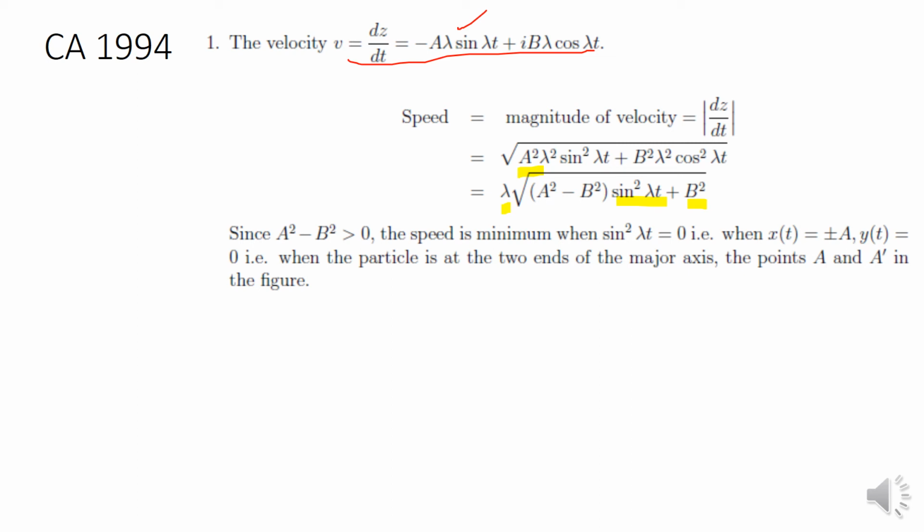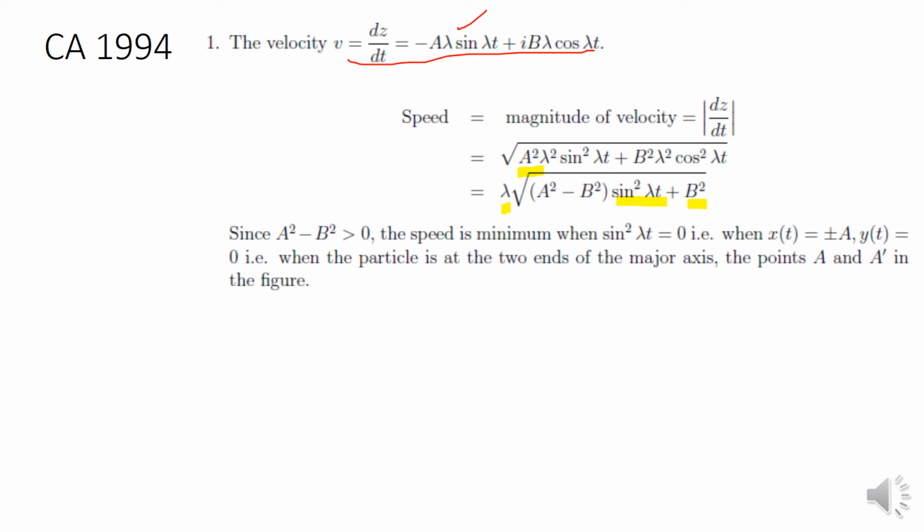So for the minimum or least magnitude, sine omega t, or sine lambda t, is equal to 0, and that will be at points A and A dash.